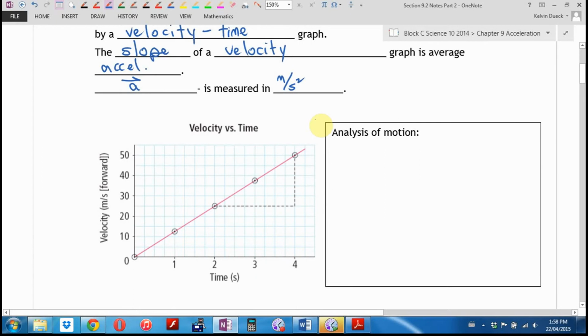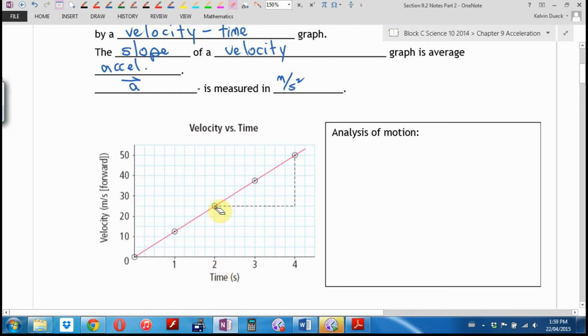So, here is a, what kind of a graph? Velocity versus time. So if we analyze this, you'll notice after 1 second, how fast is this person going, roughly? Around 12 or 13. In fact, if I had to put money, I'd say 12 and a half.